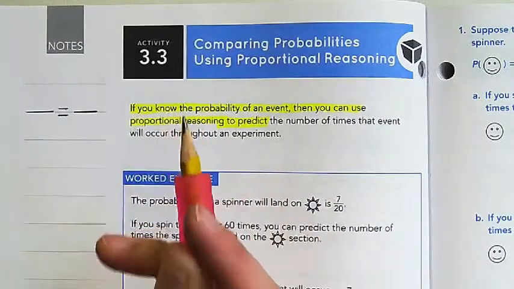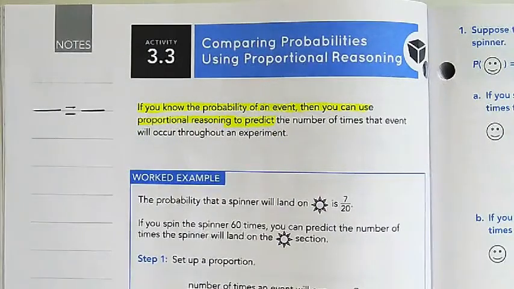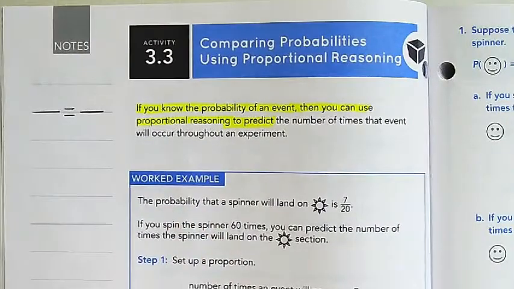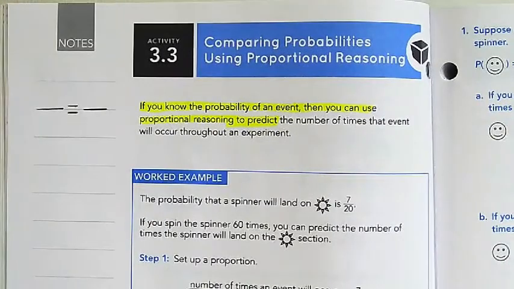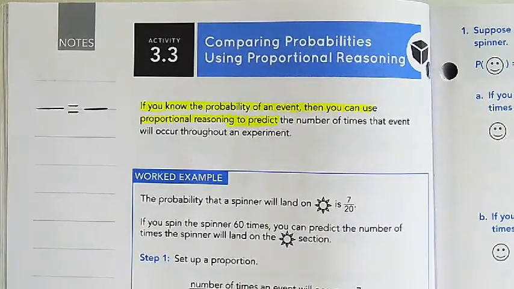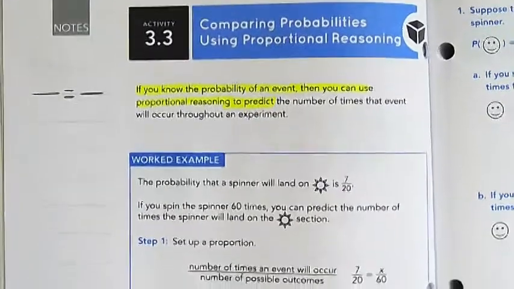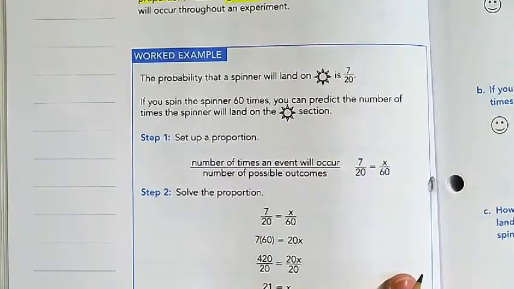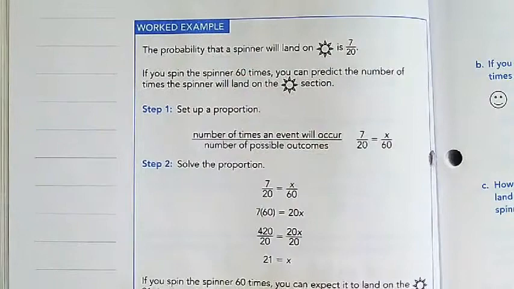Like we did in our warm-up to convert fractions into percents. We set up a proportion. Our worked example is going to show us and list out the steps for doing this. So if you ever forget, you can come back to this page, 548, and follow these steps.